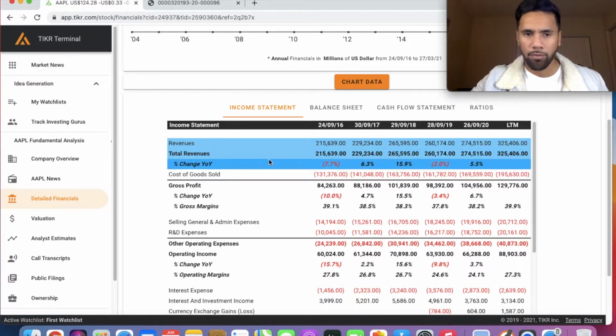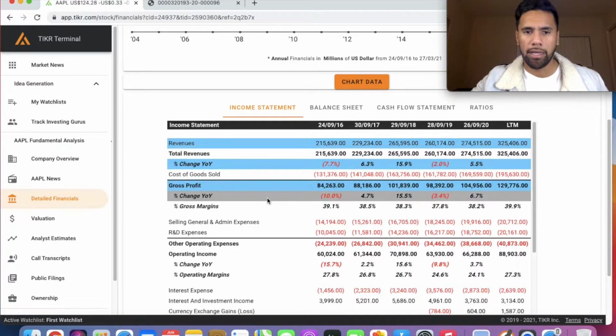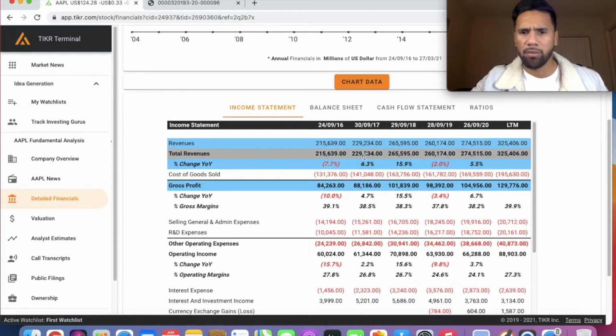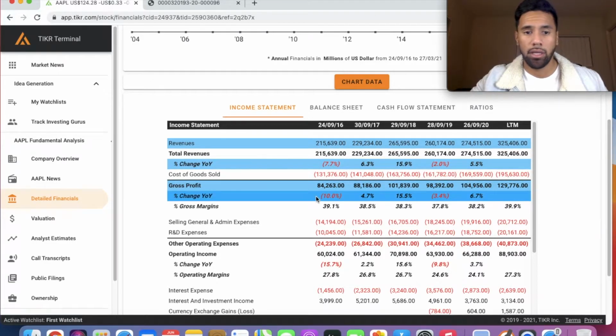Now, you've got the revenue top line, and then here the gross profit or gross margin. Year on year, you can see that again it fluctuates a little bit. If you're really doing a deep dive on Apple, you might want to look into this year to see what happened, why it was down, and also maybe in 2019.